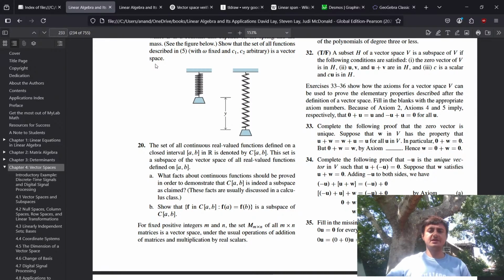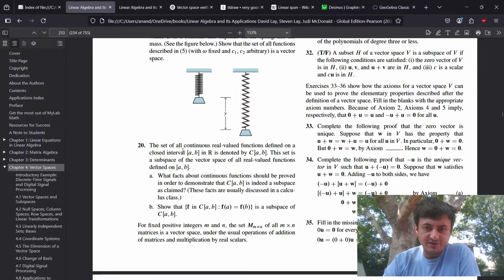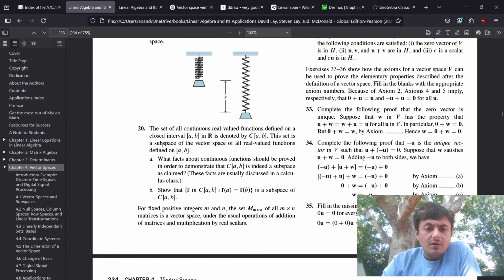All right, 20. The set of all continuous real valued functions defined on an interval is denoted by C[a,b]. This set is a subspace of the vector space of all real valued functions. What facts about continuous functions should be proved to demonstrate it is indeed a subspace?